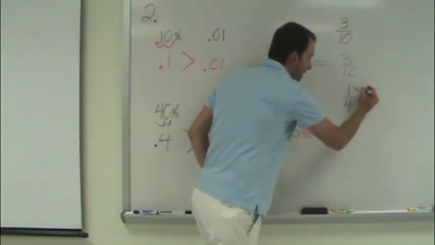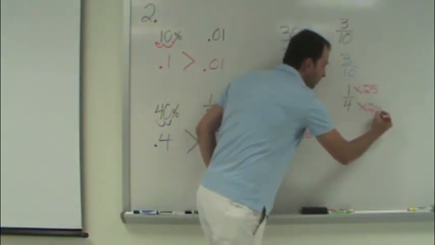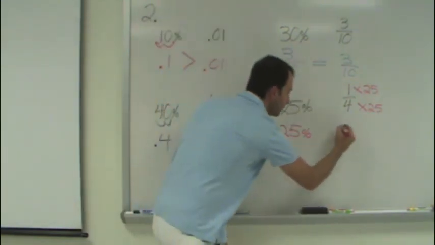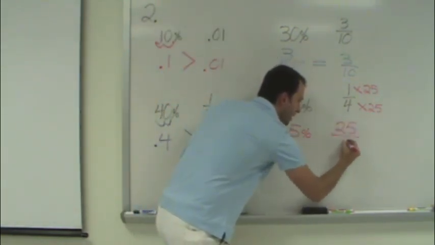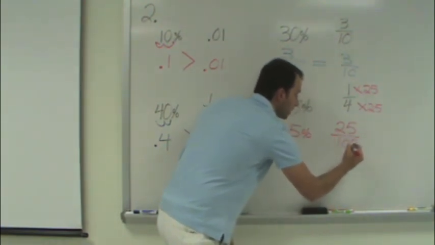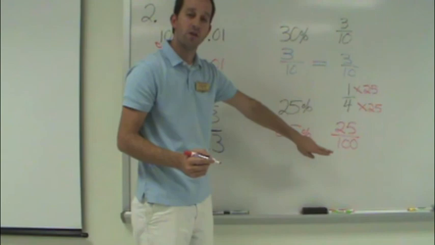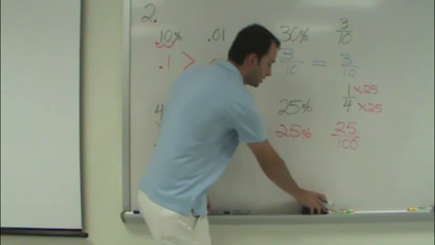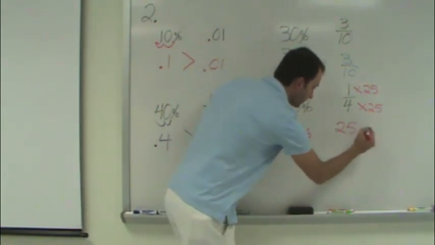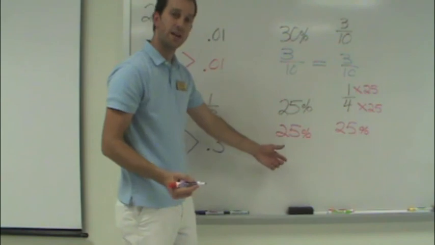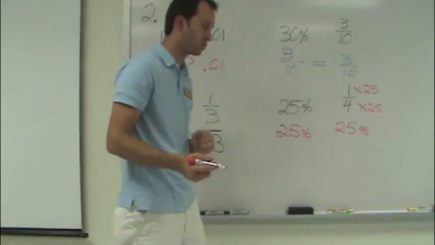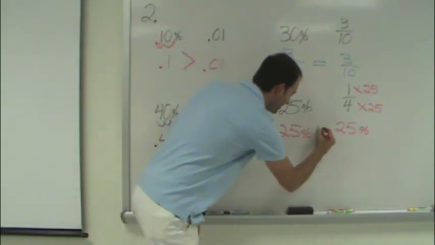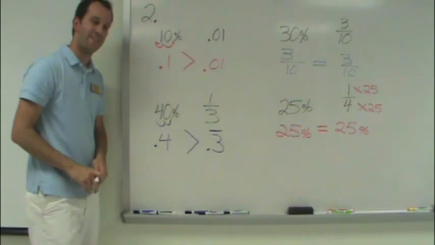I can multiply the top and bottom by 25 to get a new denominator of 100, and the numerator will be 25. 25 out of 100 is the same as 25%. Remember, percent means out of 100. Let's check out 25% versus 25%. Are they equal? Yes, they are! And that's problem number 2.